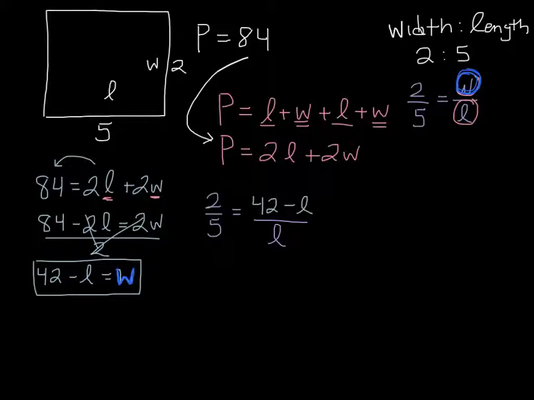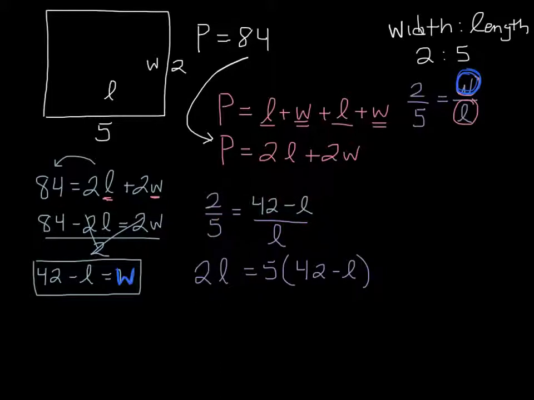Now I can do the algebra out. This is going to be cross multiply: 2 and L equals 5 times the quantity 42 minus L, again from cross multiplying here.